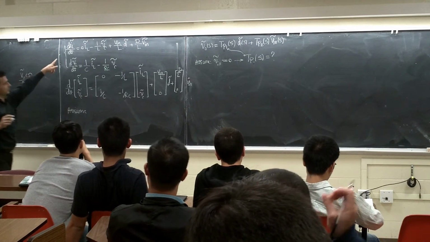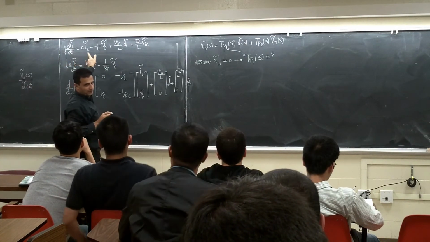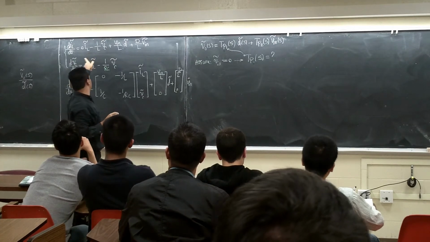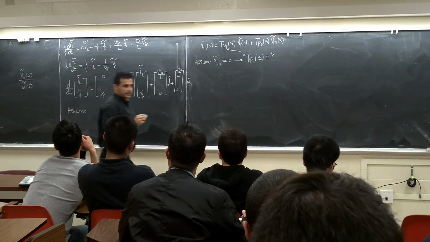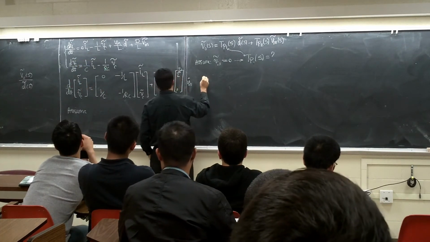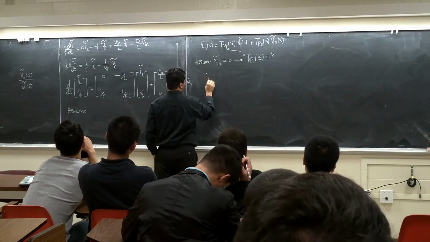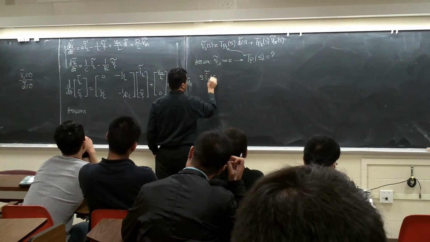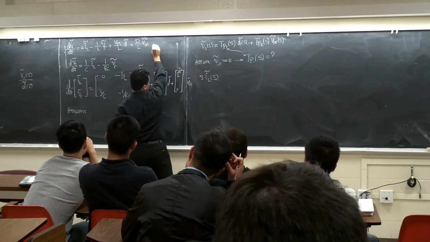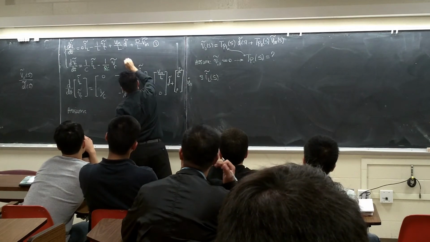Let's write the equation here. How much is the Laplace transform of d iL tilde over dt? It's s iL tilde(s), right? I'm using equation number 1 and number 2.